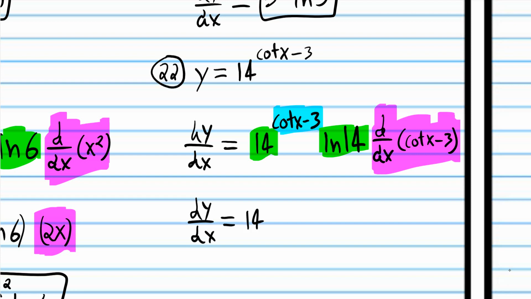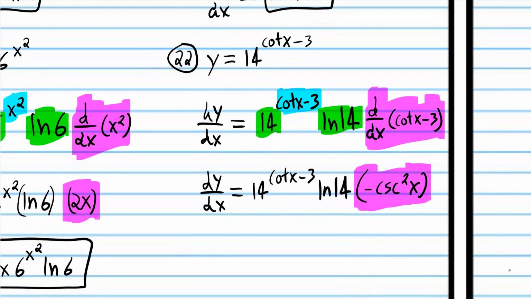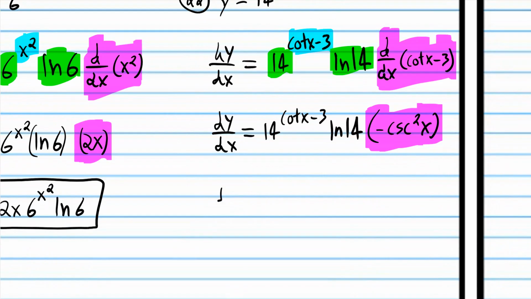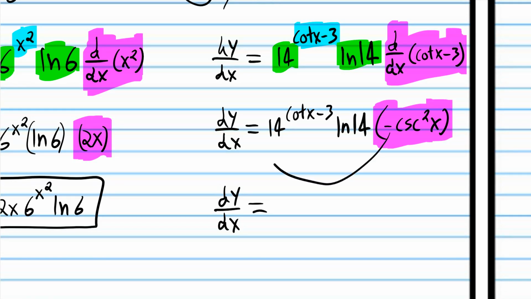So we get negative cosecant squared x for the derivative. And we can take this negative and put it out in front.